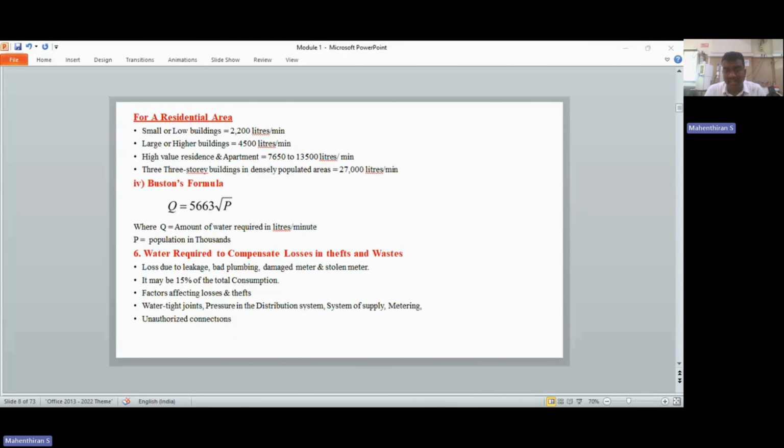Continuous supply system tends to have fewer contamination issues but may increase leakage if it is not maintained properly. Metering. Proper metering ensures accountability, reduced wastage and better monitoring. And unauthorized connections. Illegal connections are a major issue, especially in urban areas, which leads to water theft, pressure drop and inefficient distribution.